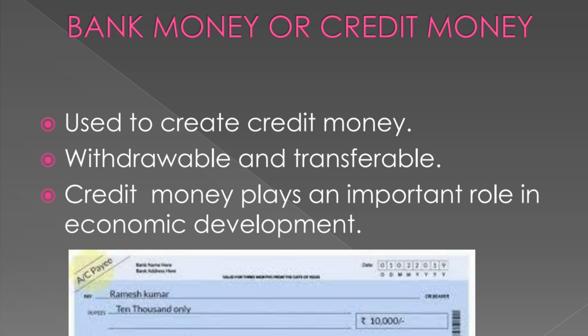So this can be withdrawn and transferred on demand by means like cheque, demand draft, etc. Cheques and demand deposits are not actual money, but these are credit instruments through which deposits are transferable. Credit money plays an important role in economic development.